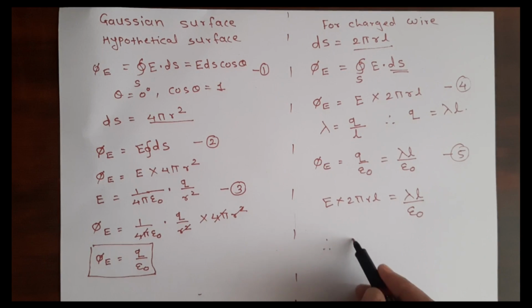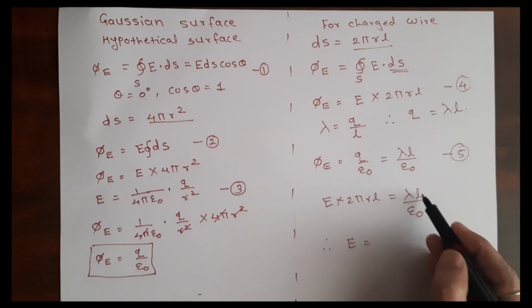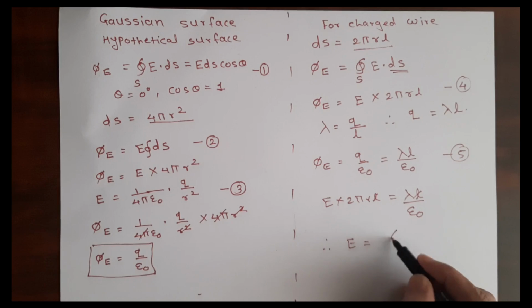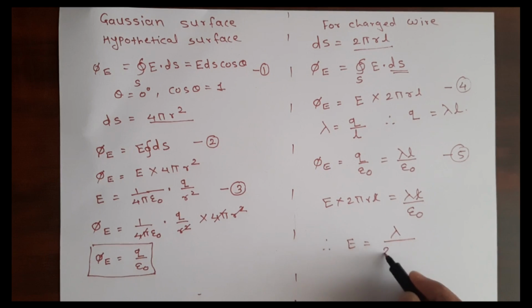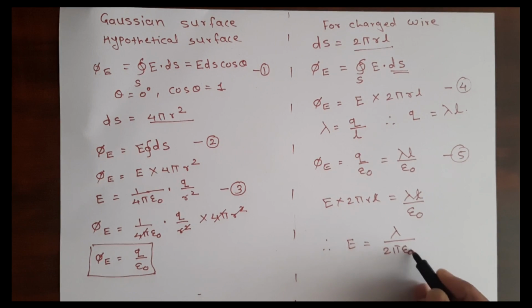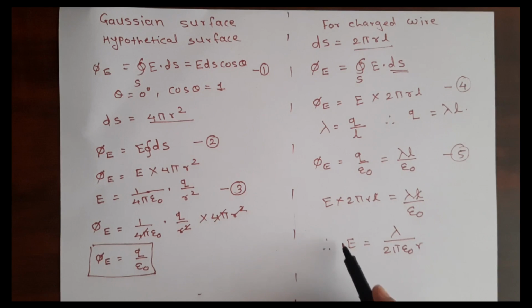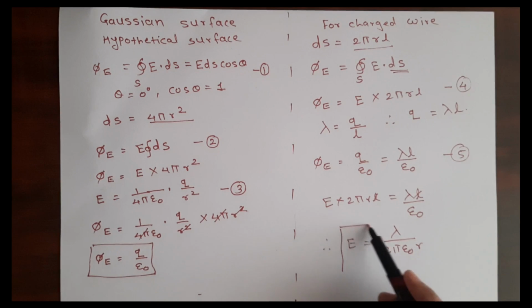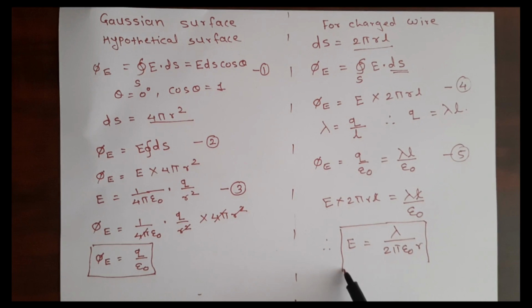Therefore E equals, L cancels with L, lambda upon 2 pi epsilon naught r. So electric field intensity is given by lambda, that is linear charge density, divided by 2 pi epsilon naught r.